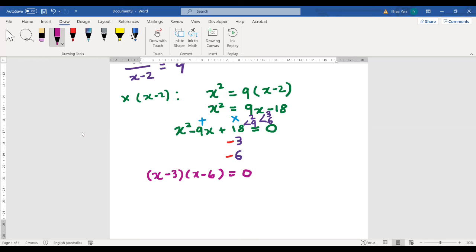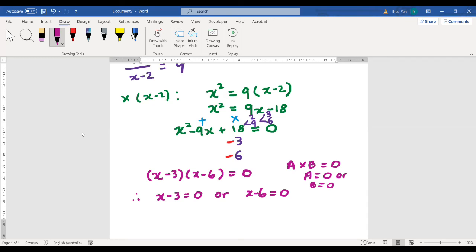Now we have to find x values. This times that has to be equal to 0. So therefore, we can say x minus 3 has to be 0, or x minus 6 has to be equal to 0. Either one of them needs to be 0, because if you think about a times b equals 0, a has to be 0 or b has to be 0, isn't it?